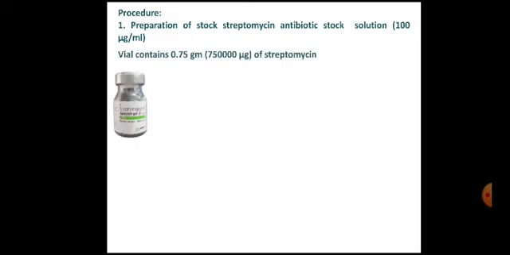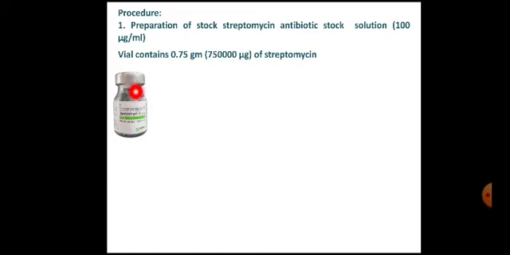Now, the procedure. The first step is to prepare the working stock of streptomycin antibiotic. We need that working stock at a concentration of 100 micrograms per ml. We already learned how to prepare a stock of antibiotic in previous practicals, so it will be just a revision.